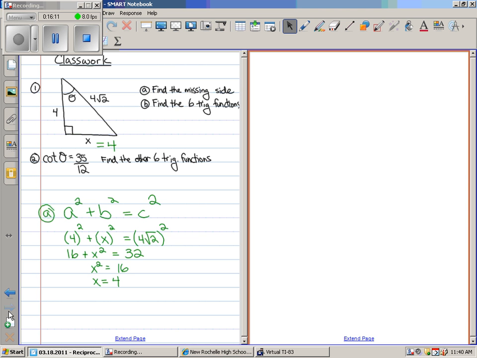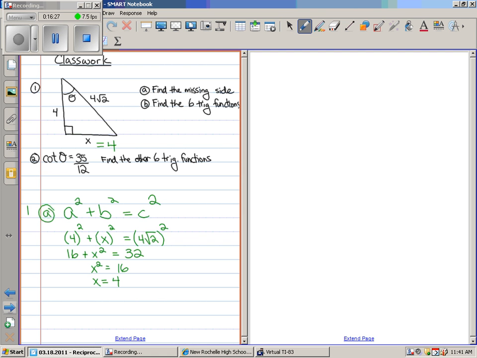Did everybody get 4 for that other side? Good. Now let's do the second part of part 1. Find the other trig functions. I should have labeled this. This is 1A. Now let's do 1B.